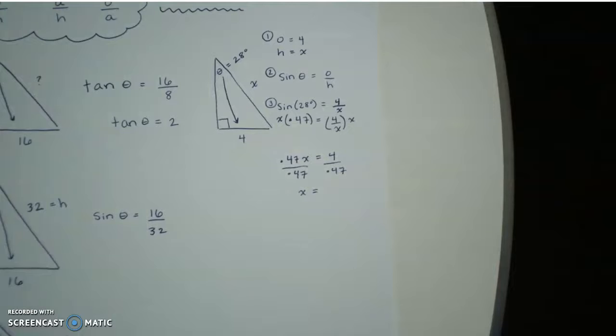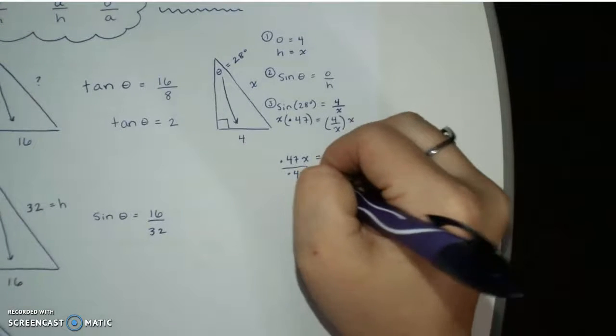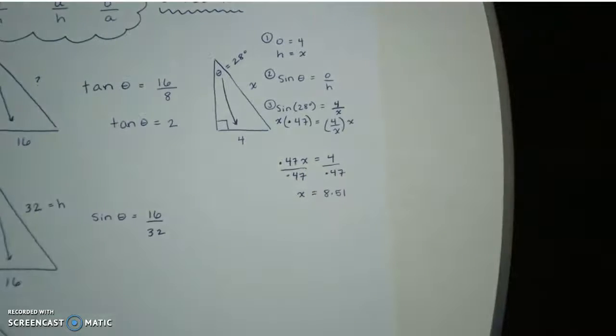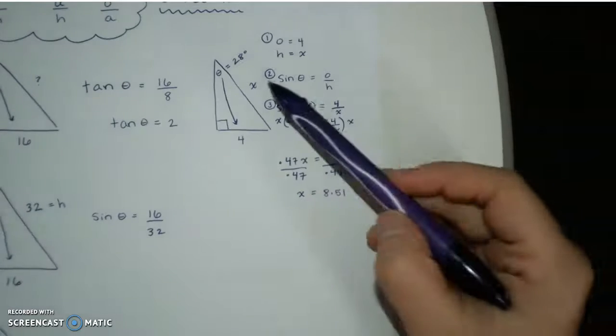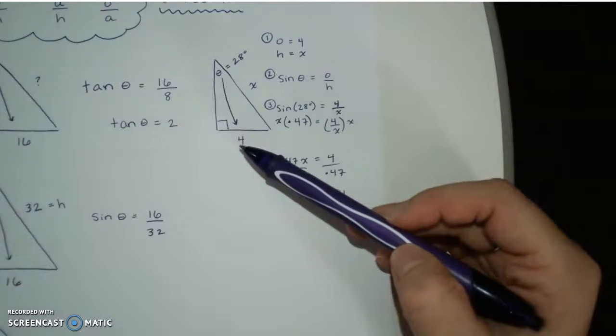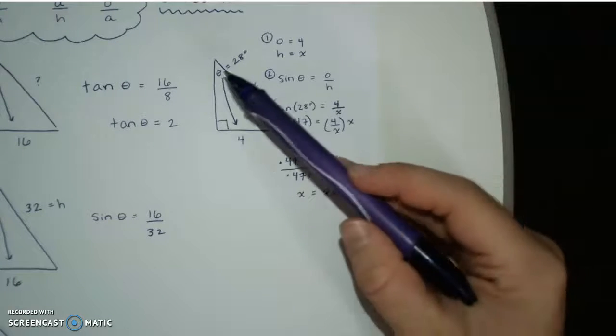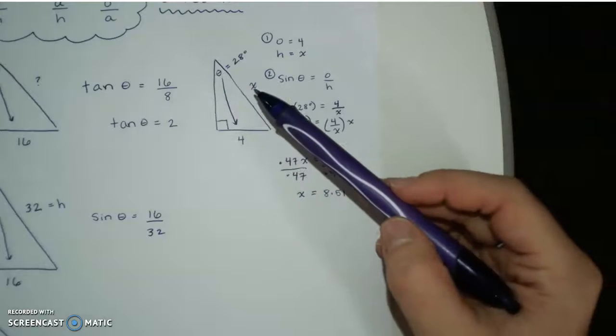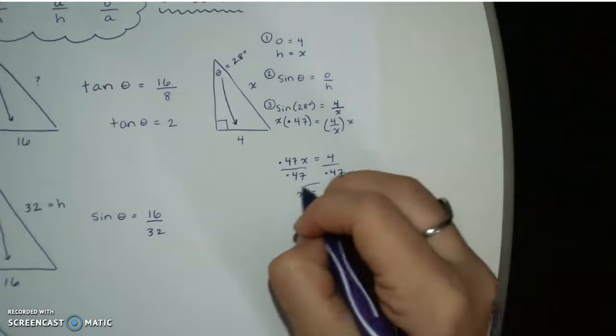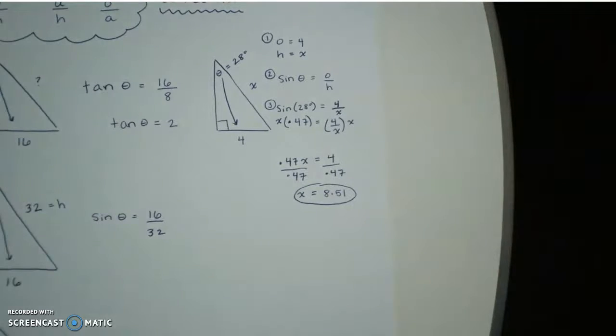And when I plug that into my calculator, I get 8.51. That means that my hypotenuse, if this side is 4 and this angle is 28 degrees, is going to be 8.51.